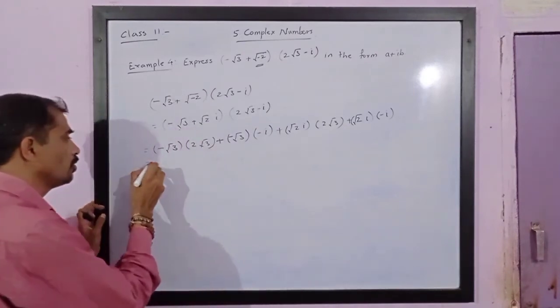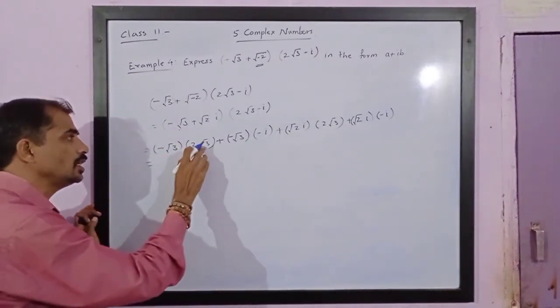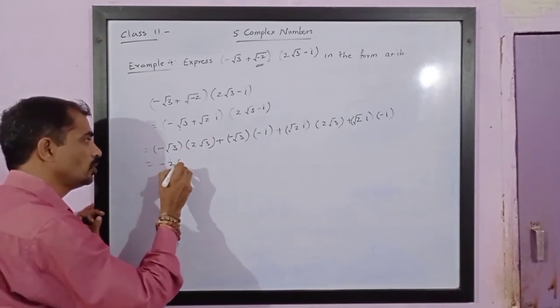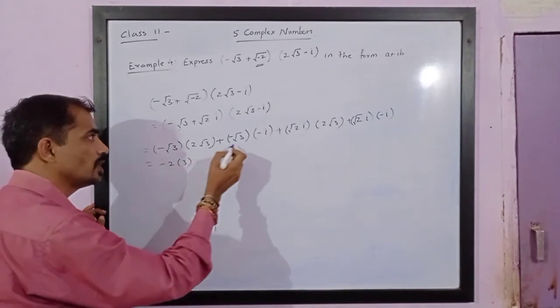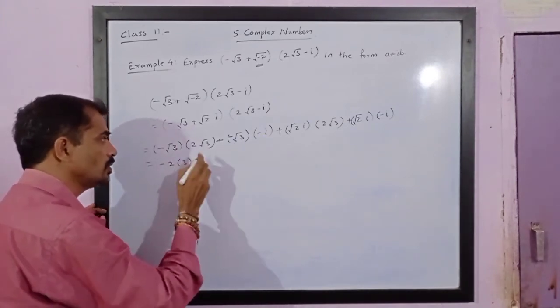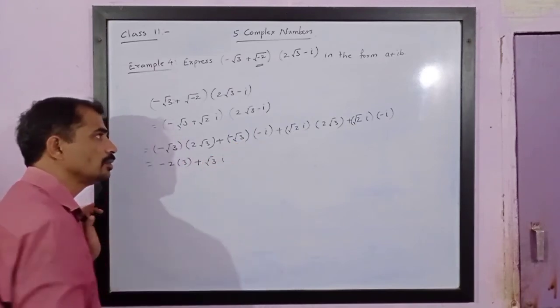Now if you solve further, root 3 into root 3 is 3. So this is equal to negative 2 into 3, that is equal to negative 6. Again, negative into negative is positive, plus root 3i.